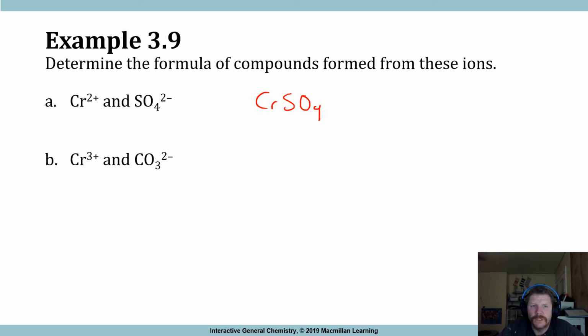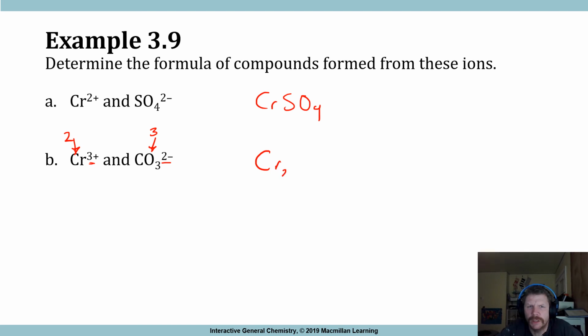Now, Cr3+ and CO3 2-. You know that you're going to have to use a subscript for the CO3 or the Cr because of the fact that these two charges, +3 and -2, don't cancel one another out. Now, if you write Cr, you need 2 of them, so 2 of these and 3 of these to get to a +6 and a -6 respectively.